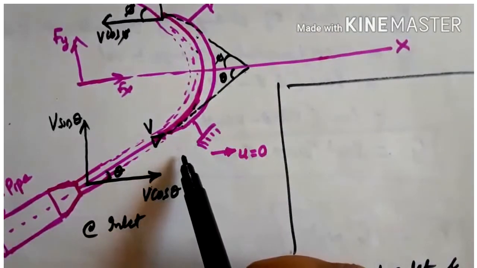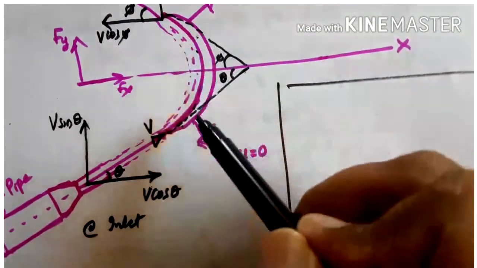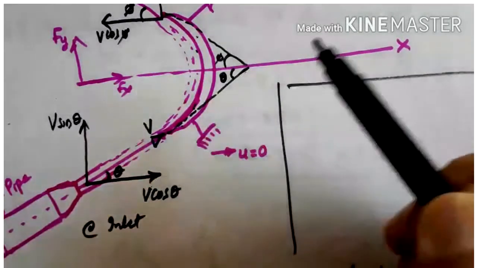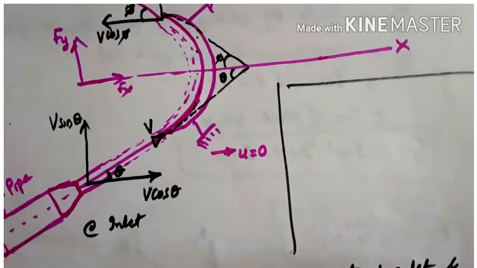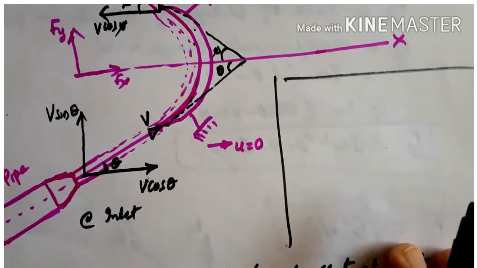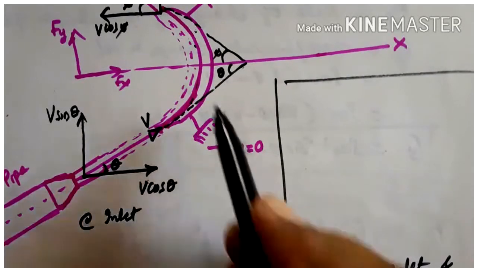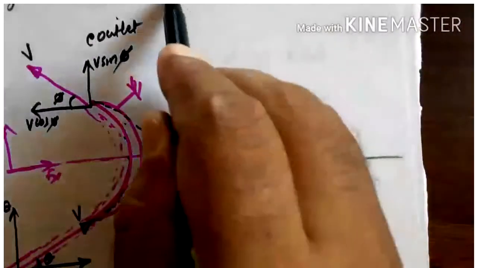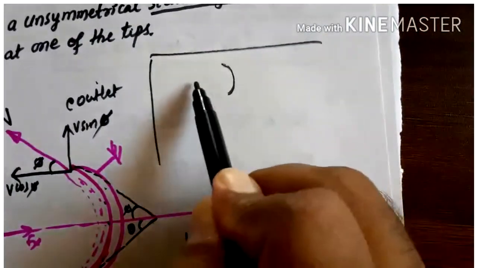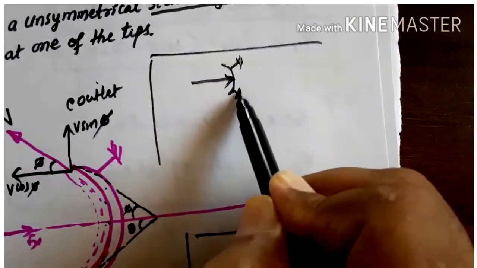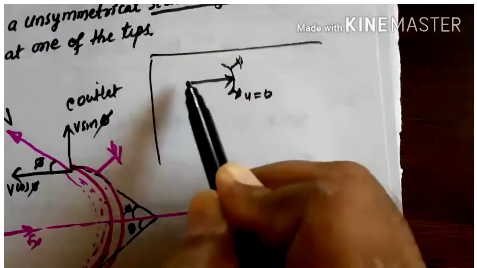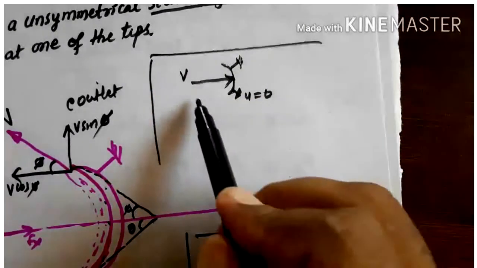But in these cases, the plate is placed fixed, so there is no movement; we have taken the velocity of the plate as 0, so the work done is 0 here. In all the fixed cases we have solved till now, the first case was the jet striking at the center of the vane, where the vane is fixed, so the velocity of the vane is 0 and the jet velocity was v.